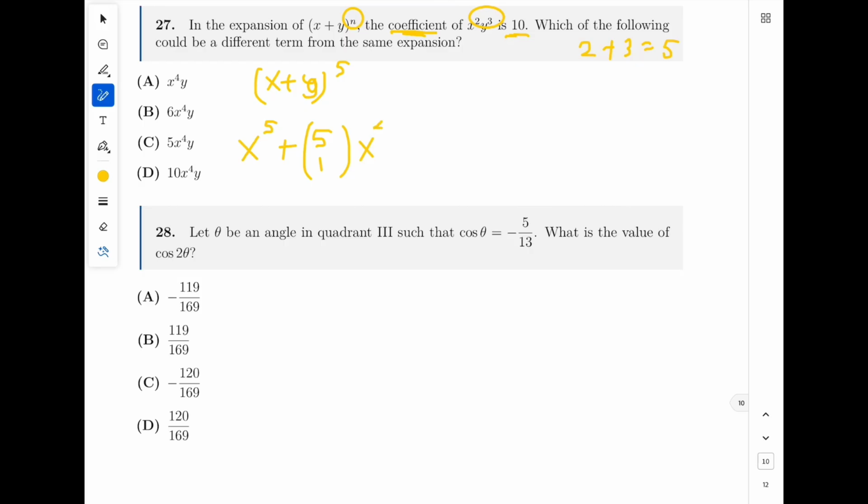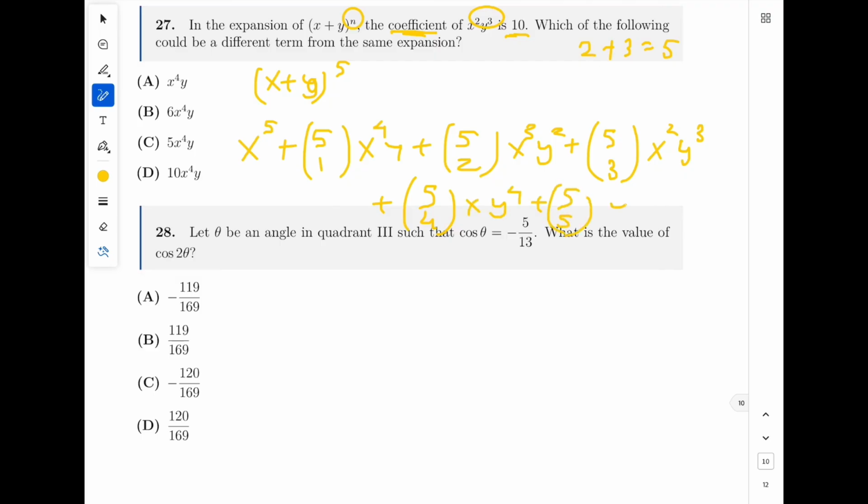So this is 5 choose 1 x to the power 4 y plus 5 choose 2 x to the power 3 y square plus 5 choose 3 x square y cube plus 5 choose 4 x y to the power 4 plus 5 choose 5 y to the power 5. So if I simplify, this is x to the power 5 plus 5x^4 y plus 10x cube y square plus 10x square y cube.